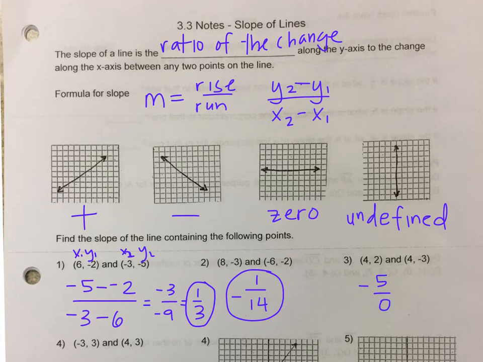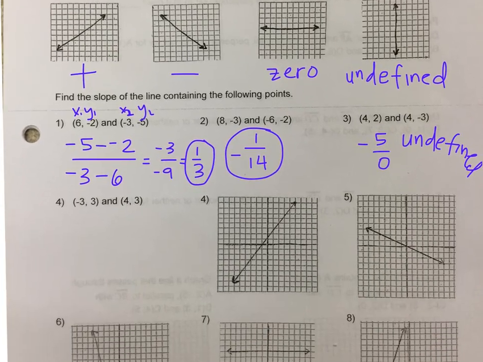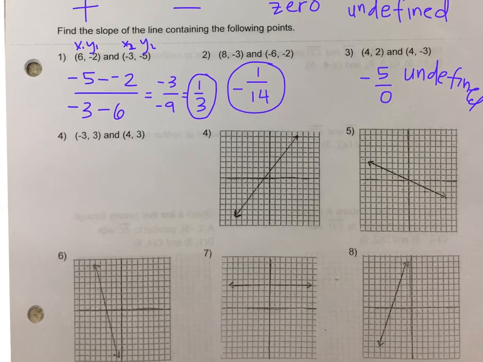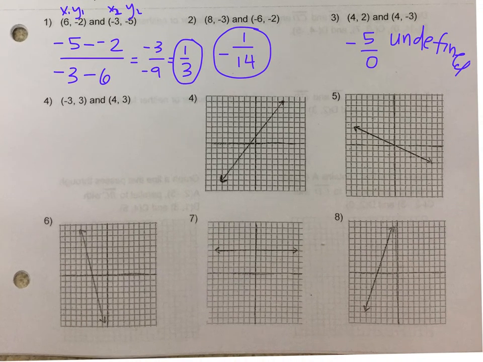If there is a 0 on the bottom of your fraction, that means it is undefined, and it would be a vertical line. If you work number 4 out, you would get 0 over 7. If the 0 is on top, it means you have 0 slope.